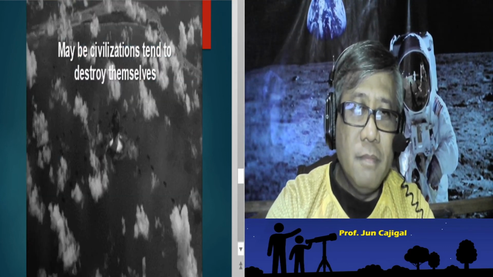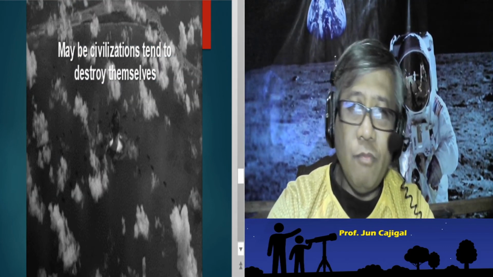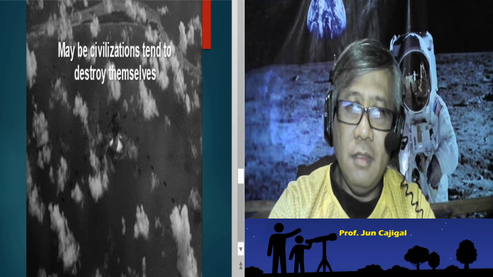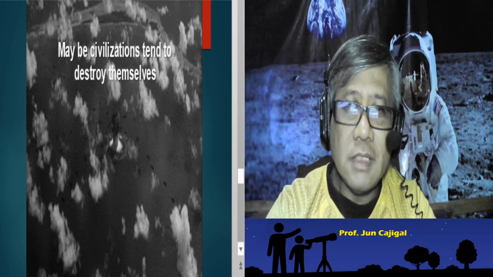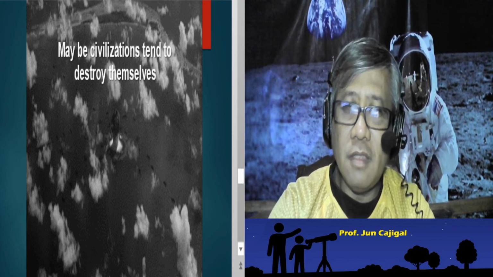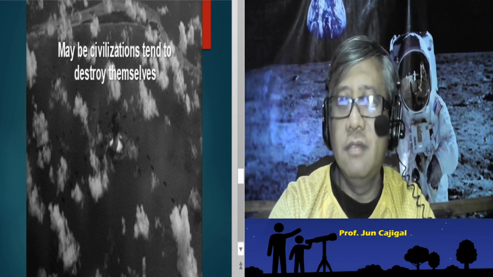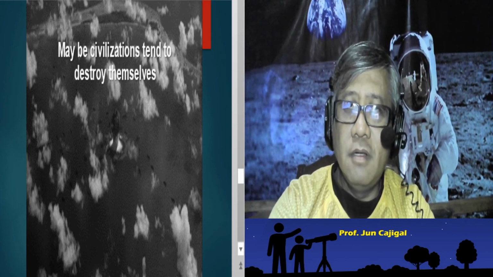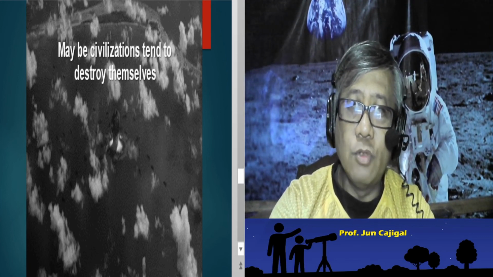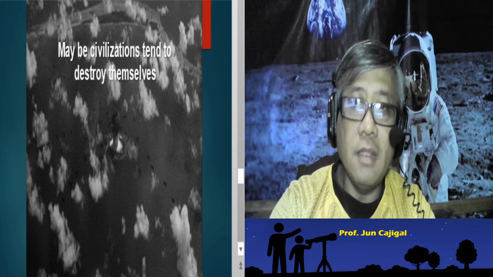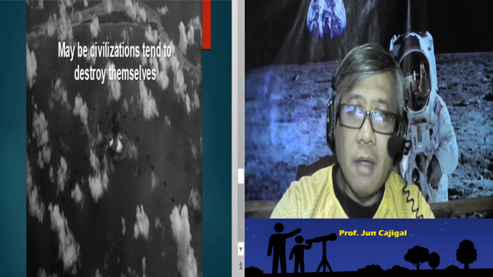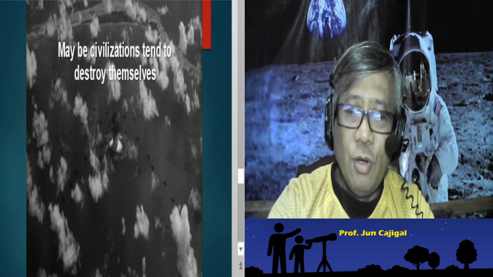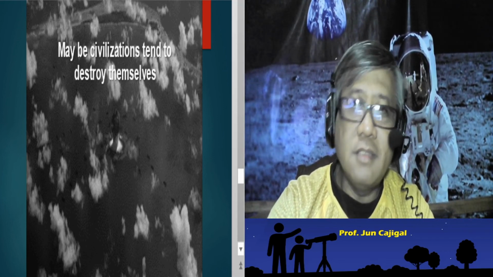Okay. Another reason why we don't encounter aliens, it's because many of these alien civilizations, they tend to destroy themselves. Diba? Like in the story of Superman, diba? Yung planeta ni Superman na sumabog. Or in Star Wars, diba?